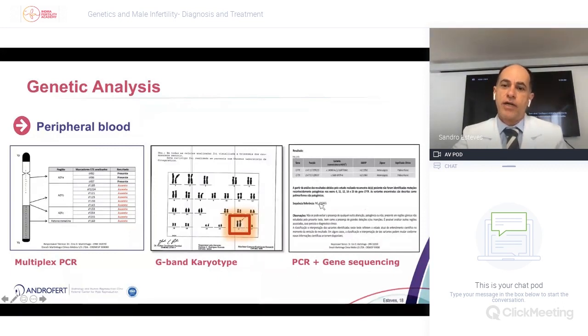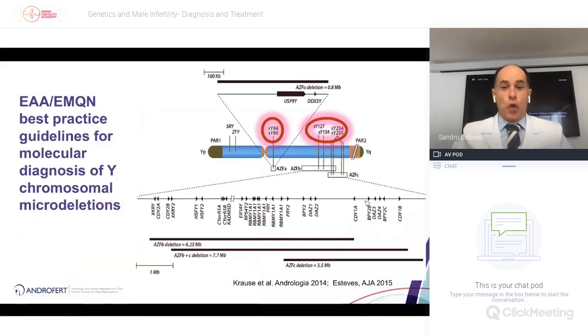For the CBAVD, for the genetic mutations affecting the cystic fibrosis gene, usually it's PCR plus gene sequencing to look at that long area in chromosome 7 that could harbor the mutations affecting the possibility of the full development of the vas deferens, the seminal vesicles, and the epididymis. So they will report like that.